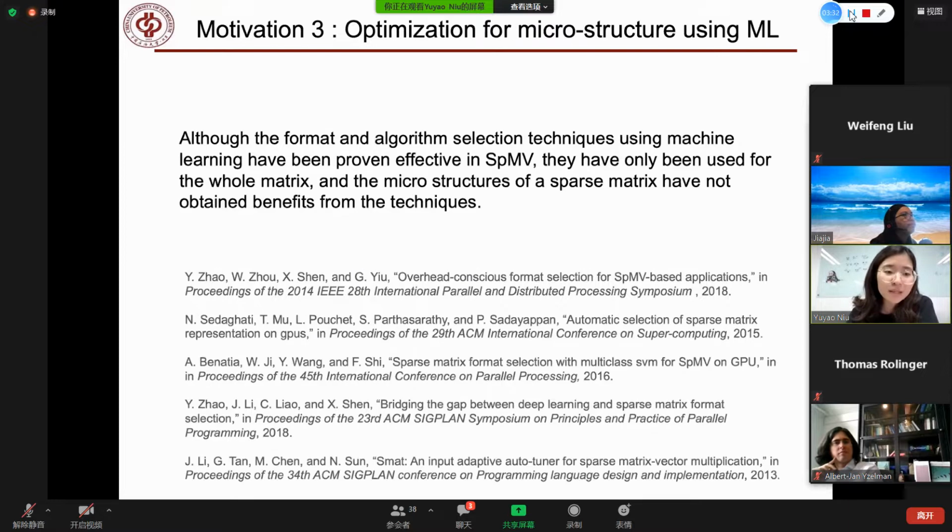And the third one is about the microstructure of a sparse matrix using machine learning. Although the format and algorithm selection techniques using machine learning or other methods are effective in SpMV, they have only been used for the whole matrix, but neglect the microstructures of a sparse matrix.